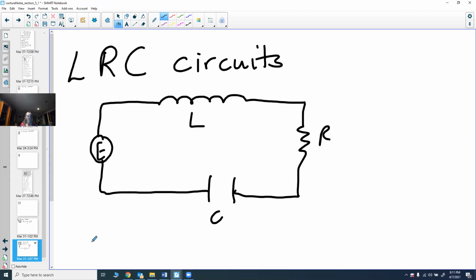And Kirchhoff's laws says what we can do with this. We can start with E. We gain that as we go through E, so it's a positive. As we go through L, we lose some voltage. L does store current, so the current is actually changing. So it's going to be a rate of change of current over time.